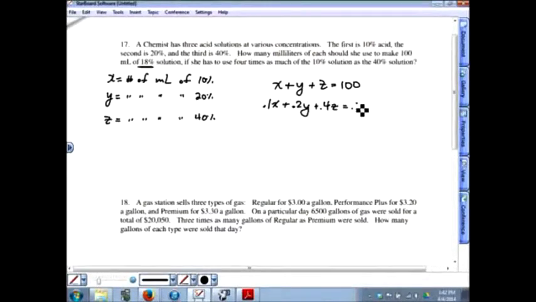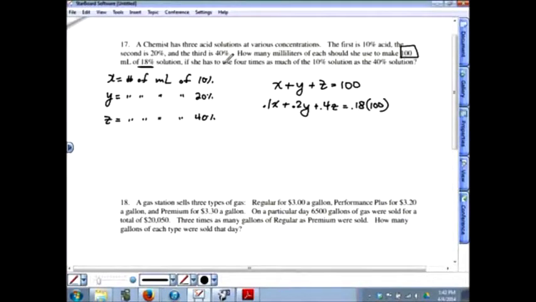A lot of students would want to just put a 0.18 right here, and that's incorrect, because if you look at how we've described it, it's a concentration multiplied by an amount. It's 10% of the number of milliliters x. Over here is 20% of the number of milliliters y. So right now all we have is a concentration. It's 18%. But 18% of what? And it's 18% of the 100 milliliters.